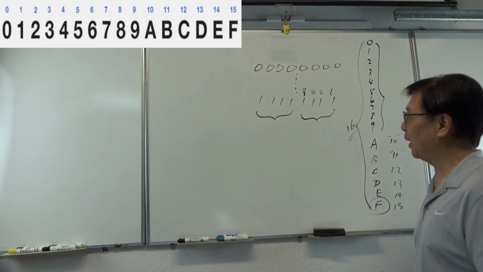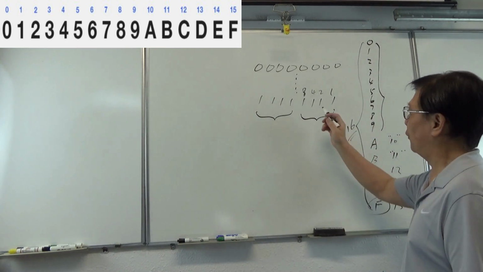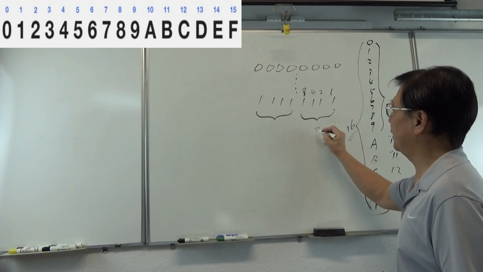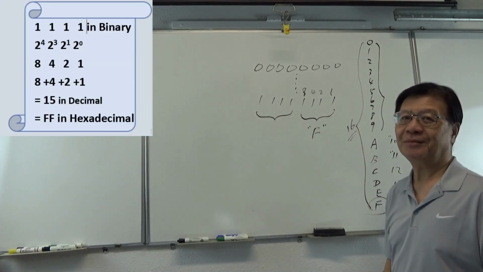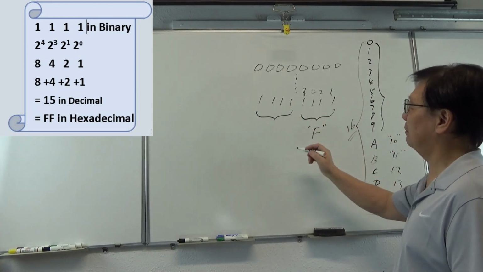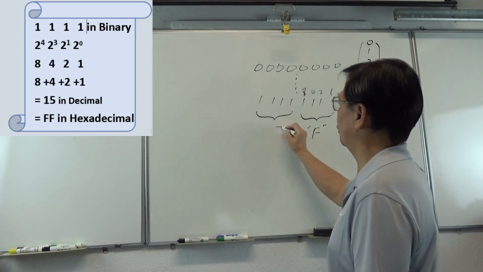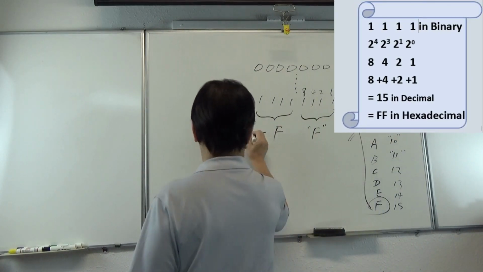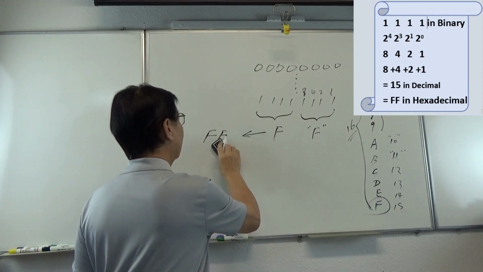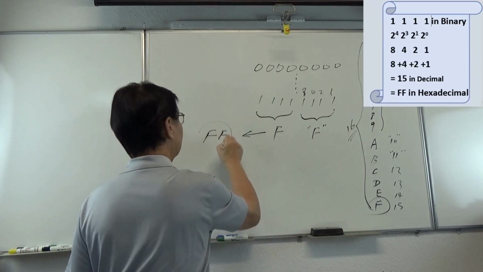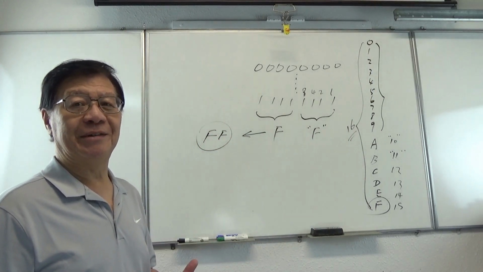F. So instead of writing 4 ones, we use the single symbol F to represent 15. So 1, 1, 1, 1, another 1, 1, 1, 1 means 8 bits. We use FF. FF means 8 bits.